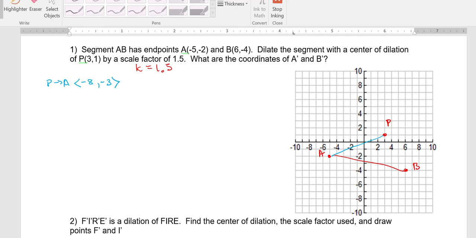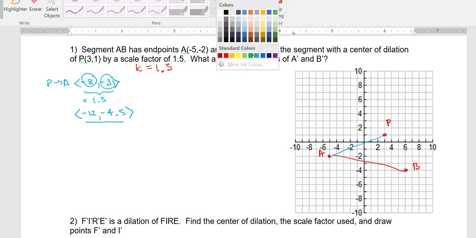Okay, so we're sort of putting that in using vector notation there. And so if I multiply both of these by 1.5, I'm going to end up moving -12 and -4.5. So I multiplied negative 8 by 1.5 and negative 3 by 1.5 and got this.